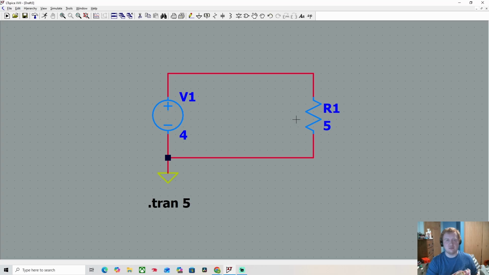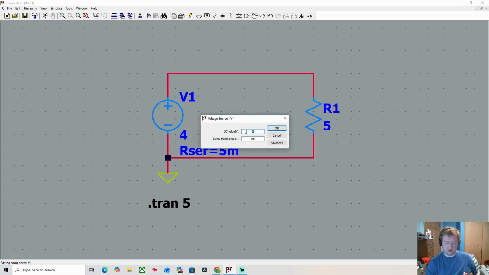Everything that you get shown in class is an ideal part with no internal resistances. This battery, or whatever the voltage source is, I just like to call it a battery, is completely ideal. It has no losses whatsoever. In the real world, I guess you could say maybe a 5 milliohm resistance.